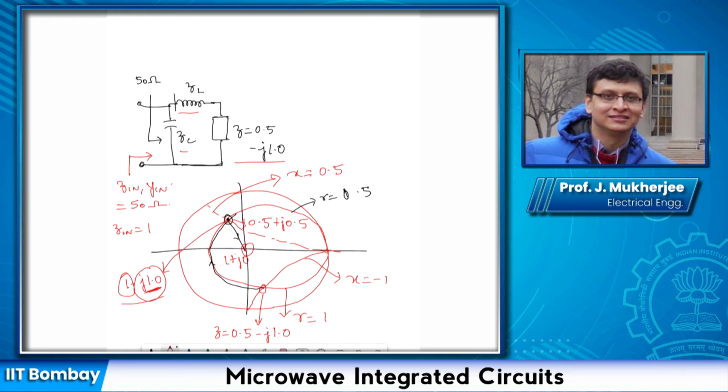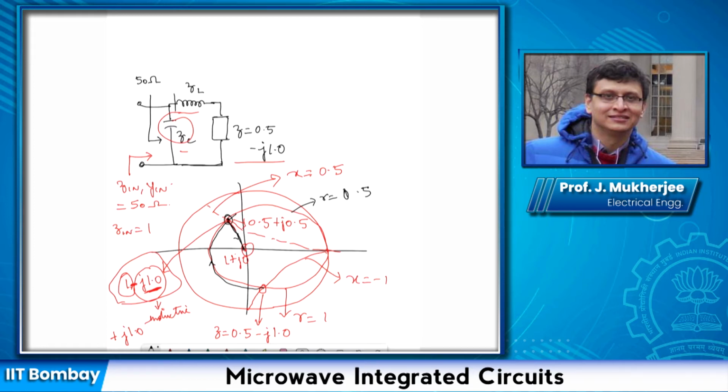Negative, this is admittance, and negative admittance means inductive. So to cancel it, I need a capacitance of admittance value plus j 1.0. So this path is along a constant conductance circle.